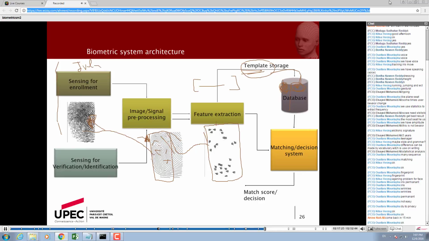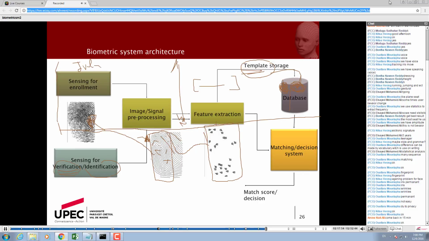So if this person, as we said, is called Julien, since we are in the enrollment phase, here in the database, there will be Julien, and we store here the template. Okay? Always you have the name and the template. So this is the enrollment phase.